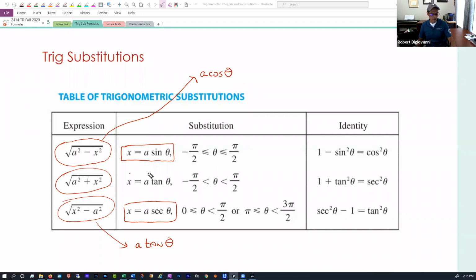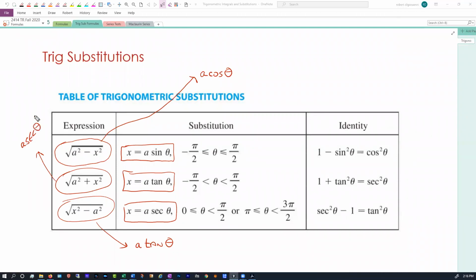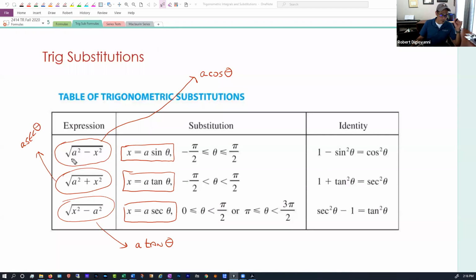If we make the substitution x equals a tan theta, this becomes a secant theta, right? I'm going to be nice to you. I'm going to allow you to add this to your sheet. You can add this and this and this, so you don't have to remember what they turn into.